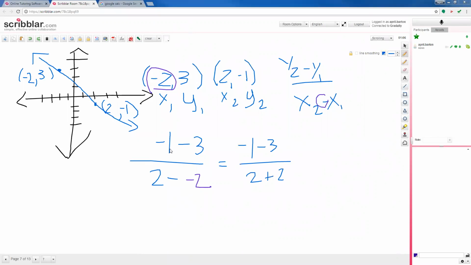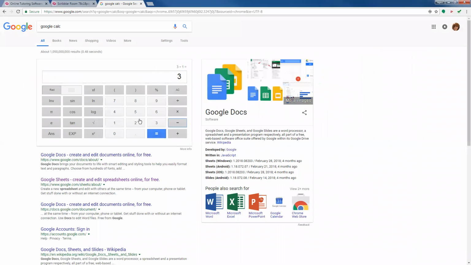So even though this had 2 minus signs, they weren't touching. There is a 1 literally in between those 2 signs. They have to be directly next to each other. So then we combine the top, combine the bottom. -1 minus 3 is -4.